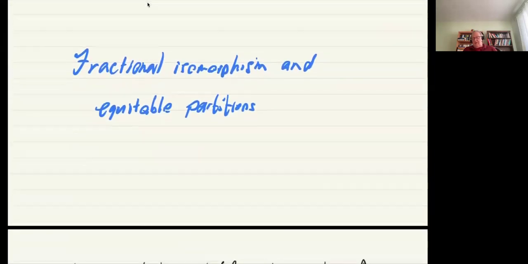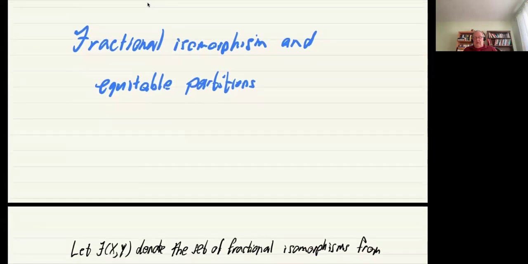So before we do that, I need to establish a connection between fractional isomorphism and equitable partitions. Now, if I have a group of automorphisms of a graph, then the orbits of that group form an equitable partition.